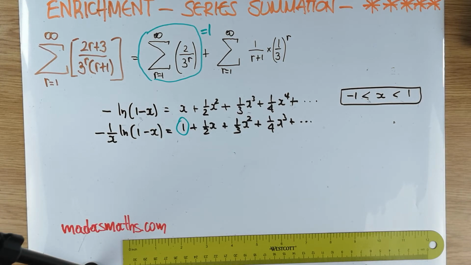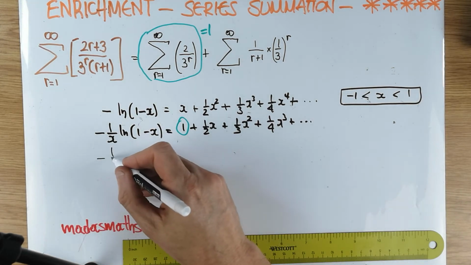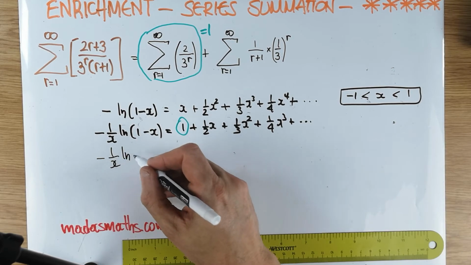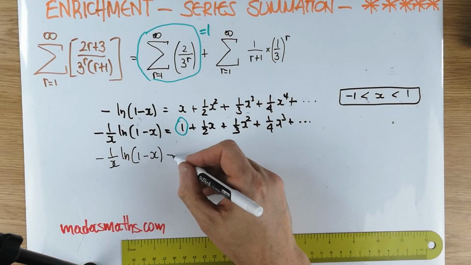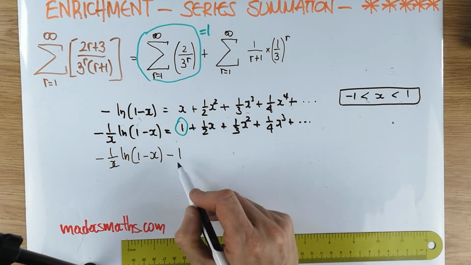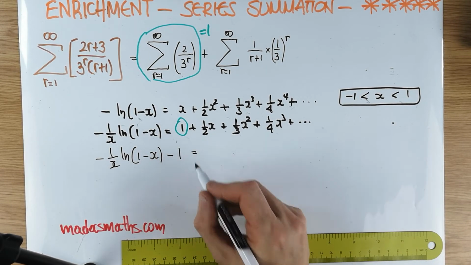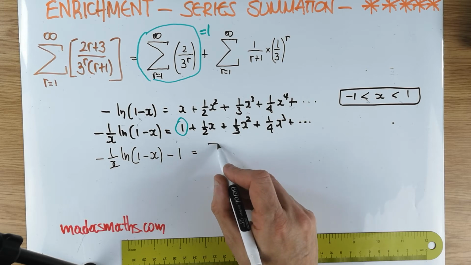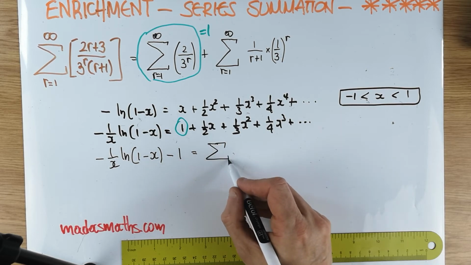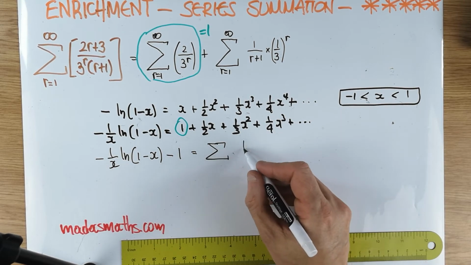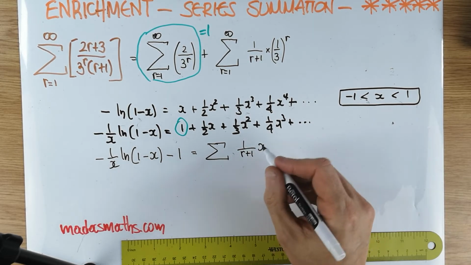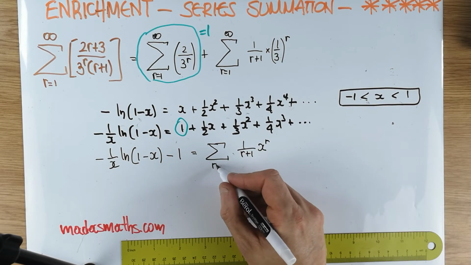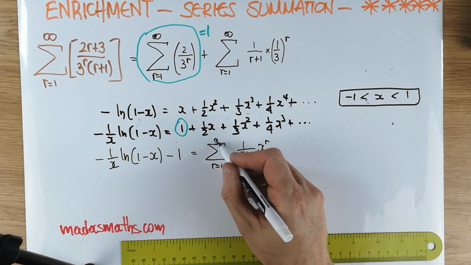Now, this quantity, minus 1 over x log of 1 minus x, minus 1, I subtract this 1 to the other side, is in fact equal to sigma of 1 over r plus 1, x to the r, from r is equal to 1 to infinity.